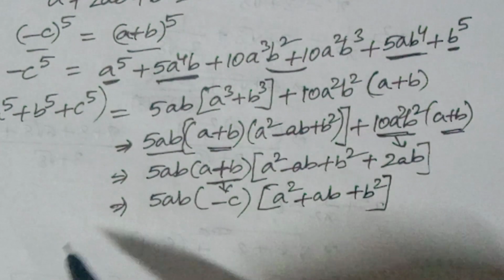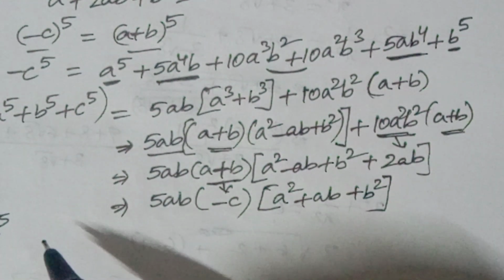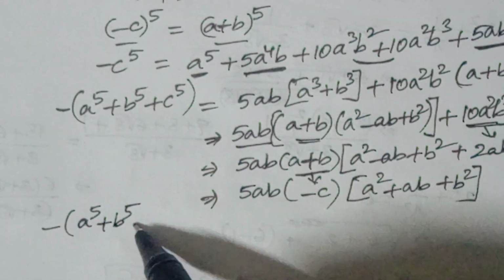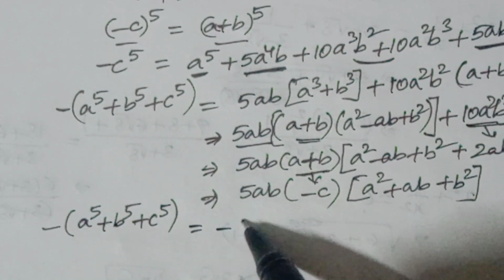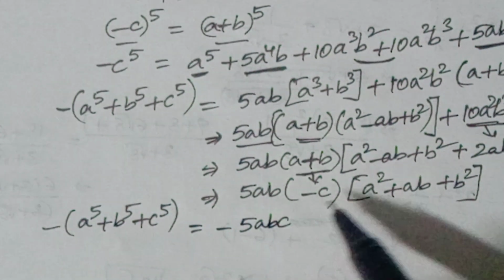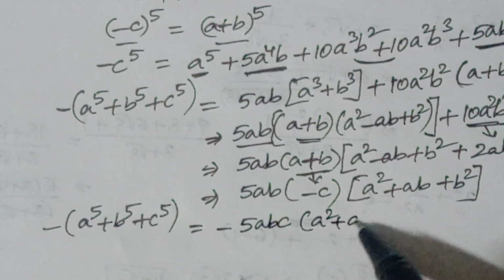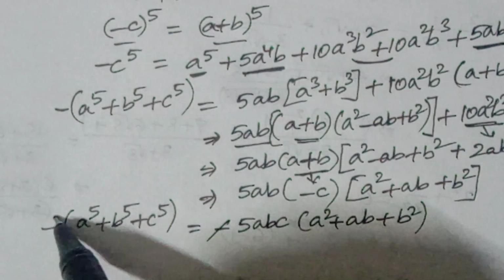Now if you multiply, a to the power of 5 plus b to the power of 5 plus c to the power of 5 is equal to minus 5abc times (a square plus ab plus b square). Remove minus on both sides.